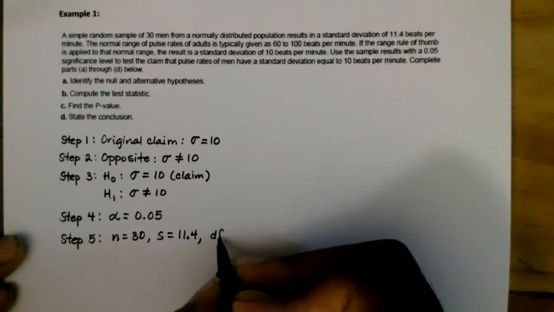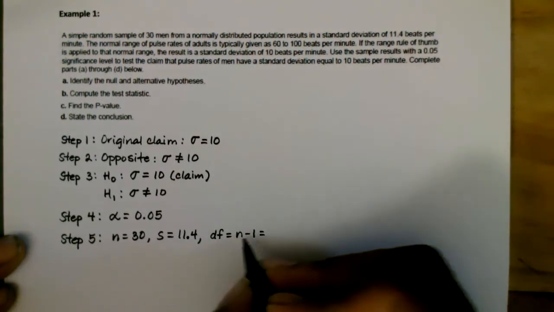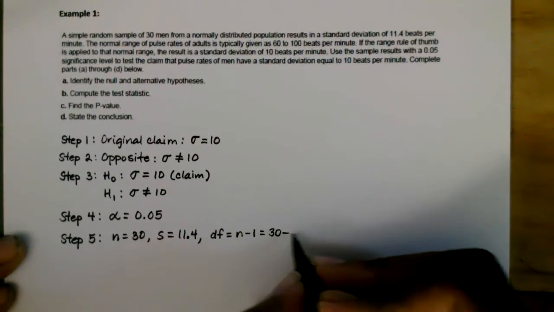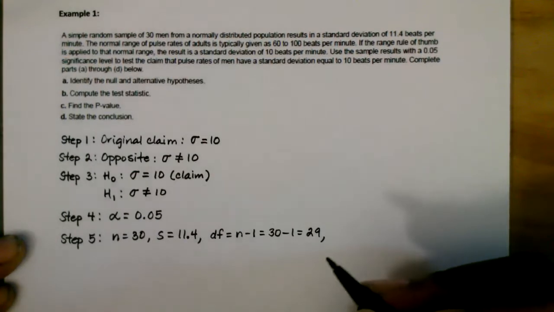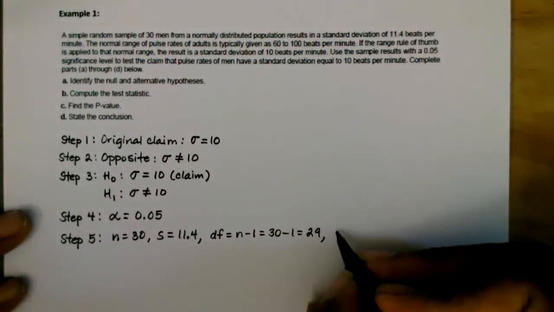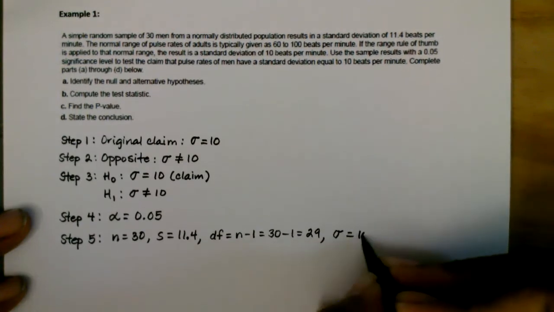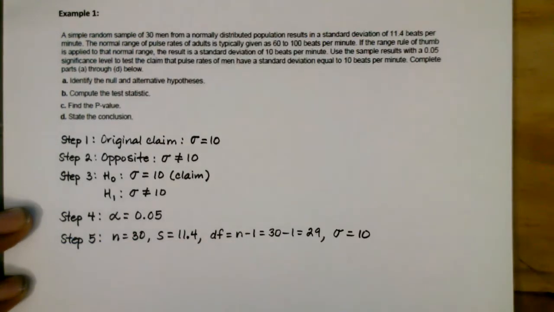And let's go ahead and find out what our degrees of freedom is. That's always N minus 1. N is 30, so 30 minus 1 is 29. So we're going to be dealing with 29 degrees of freedom. And then sigma, that comes from the null hypothesis. That's going to be 10.